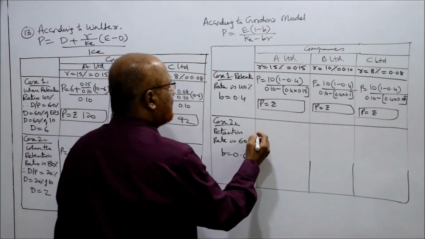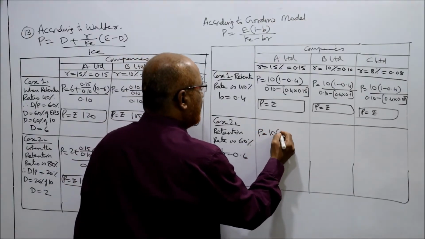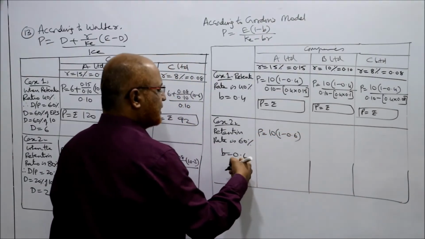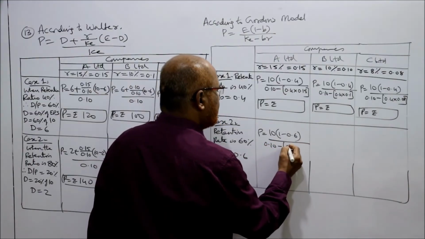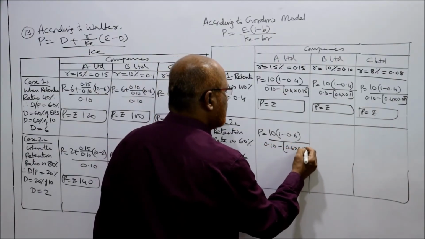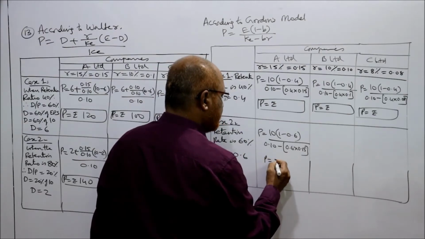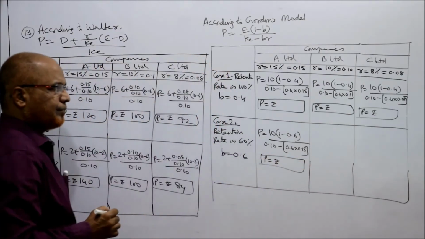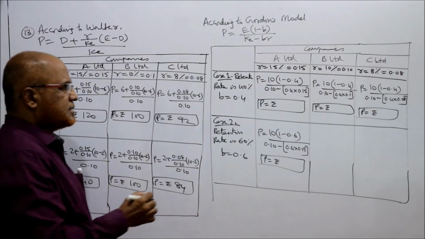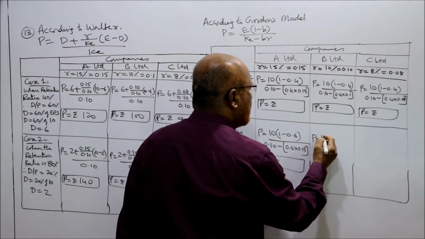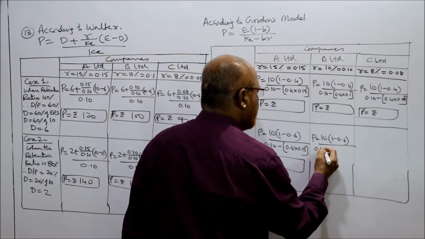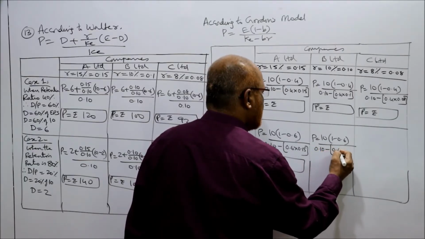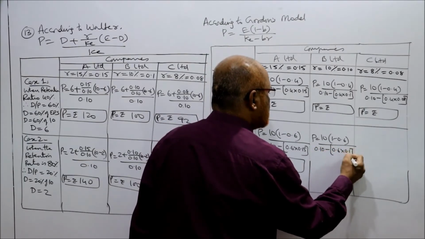Same calculations here. P is equal to 10 into 1 minus 0.6. B is 0.6. 0.10 minus 0.6 into 0.15. Simply we are substituting. P is equal to 10 into 1 minus 0.6 divided by 0.10 minus 0.6 into 0.1.